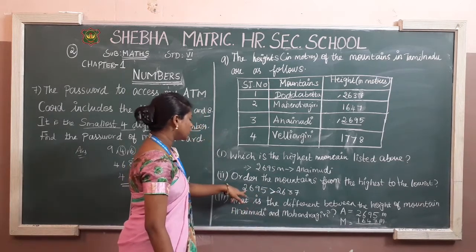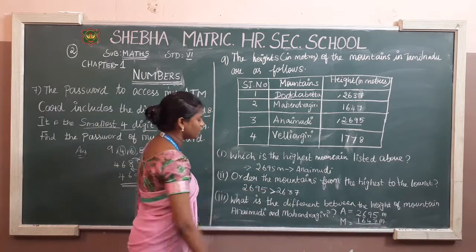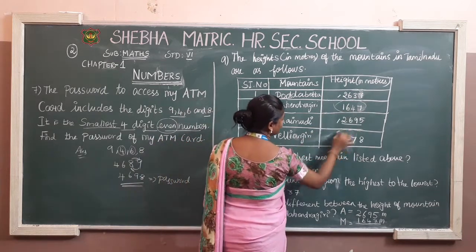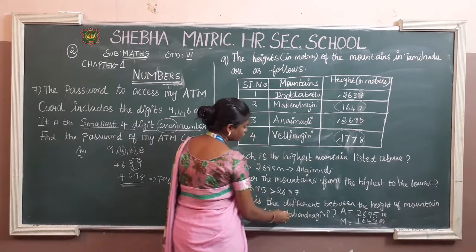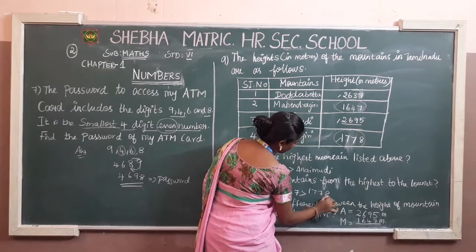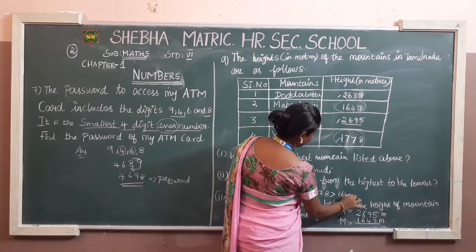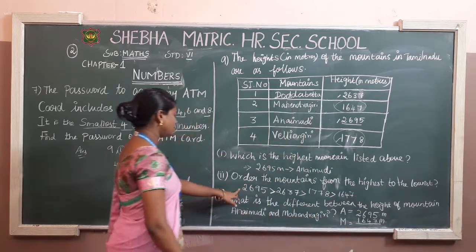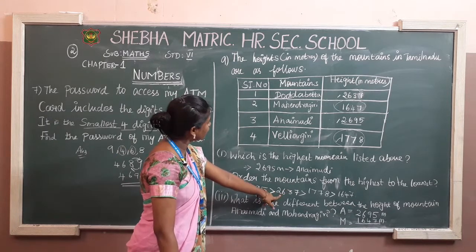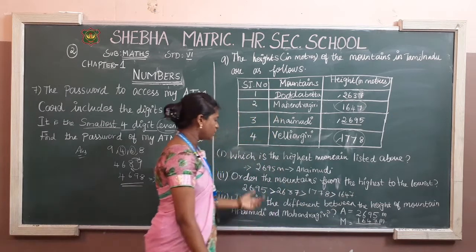So 2695 is greater than 2637, 2637 is greater than 1778, and this is greater than 1647. And we write the names: Aanemudi, Tottebetta, Velangiri, and Mahendragiri. So we can write it.